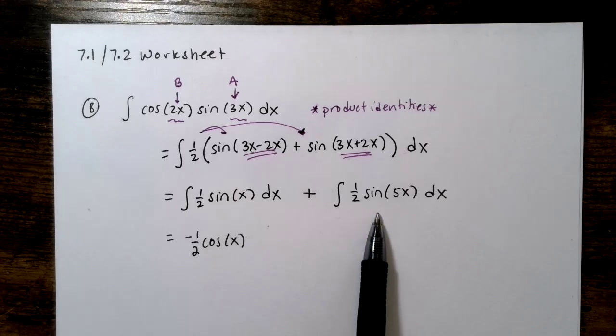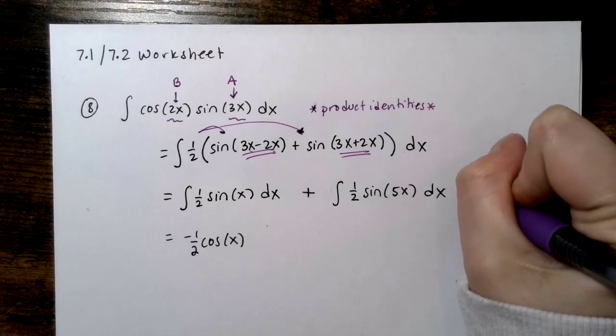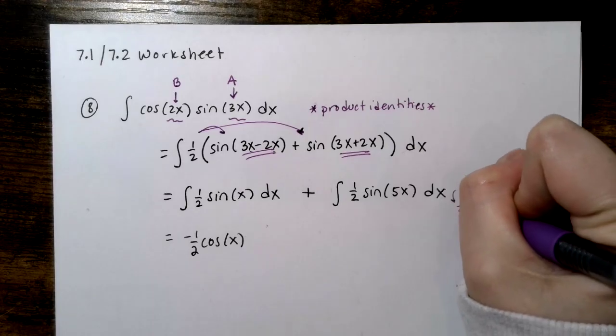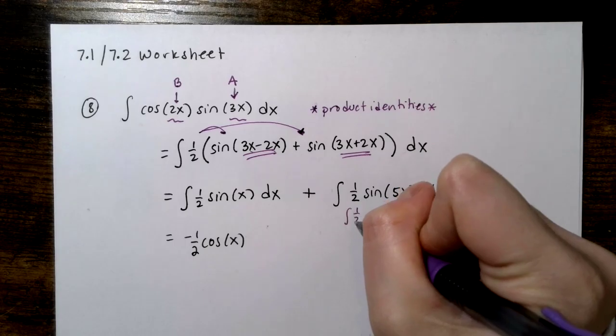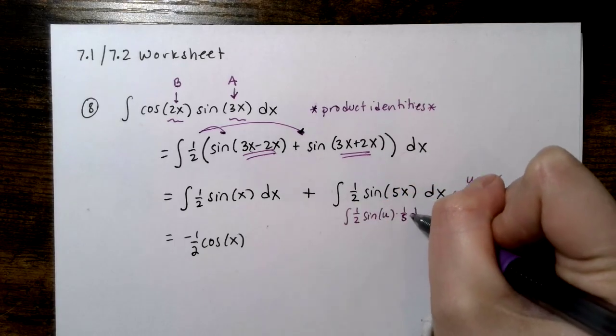For this integral here, it is a small u substitution. We're doing u equals 5x, which means the du is 5 dx, so 1/5 du equals dx. So this becomes 1/2 sine of u, 1/5 du.